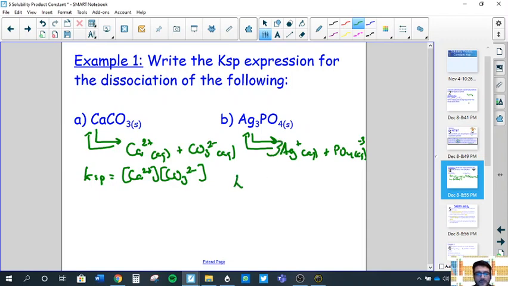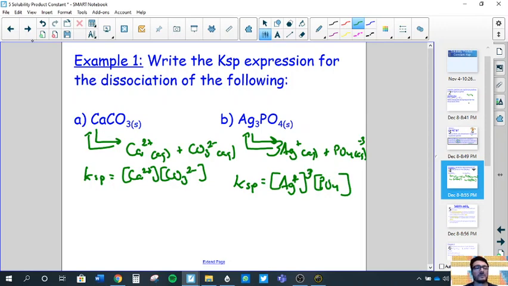So Ksp is then equal to, oops, just the plus 3. This is a 3. That's it. So we have Ksp expressions for the two of those.